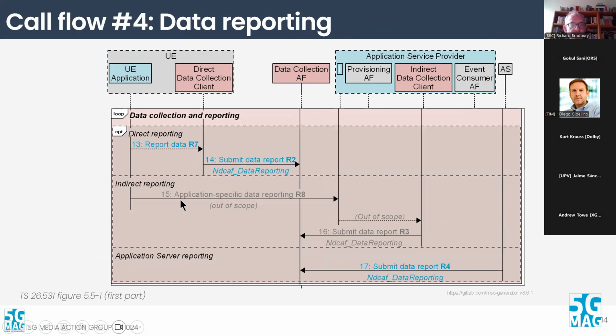And then the actual sending of the report. So here's the report being sent by the application and then submitted to the data collection AF. And similarly, you can do this indirectly via this external thing, which is not really of interest. And then thirdly, the application server can do some reporting here in step 17. So that's that aspect.